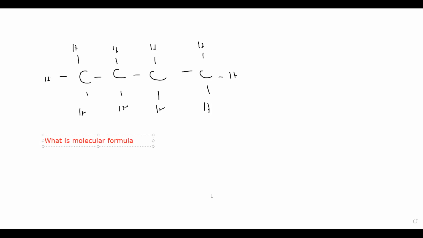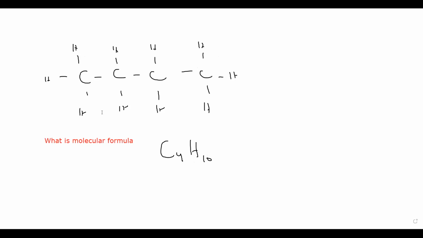The molecular formula represents the actual number of atoms. So how many carbon atoms are there? 1, 2, 3, 4. So C4. How many hydrogen atoms? 1, 2, 3, 4, 5, 6, 7, 8, 9, and 10. So C4H10 is the molecular formula that represents the actual number of atoms.